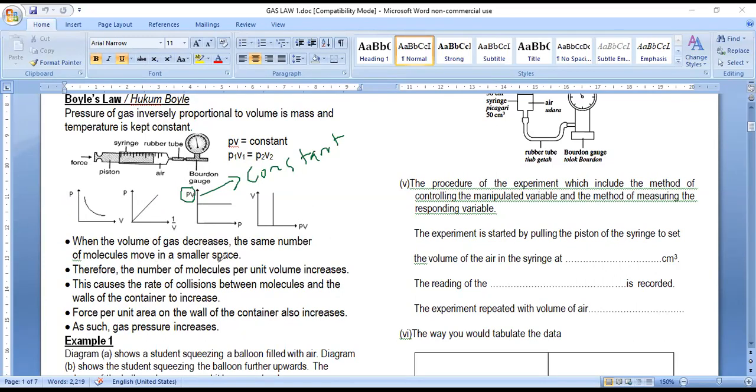So the number of molecules per unit volume will increase. Because of this, the rate of collision between the molecules and the wall of the container increases. It means it is going to hit the container more frequently. Because of that, force per unit area, which is the pressure, also increases.